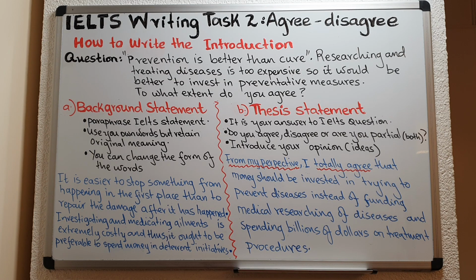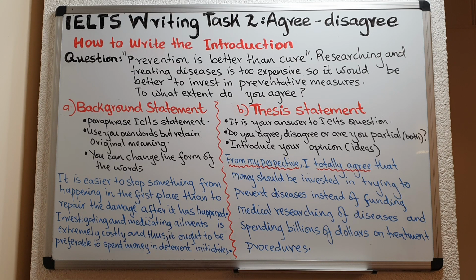Tip number two, use your own words but retain the original meaning. In other words, when you paraphrase the statement, remember to ensure that you do not change the meaning of the statement. So retain it, keep it.